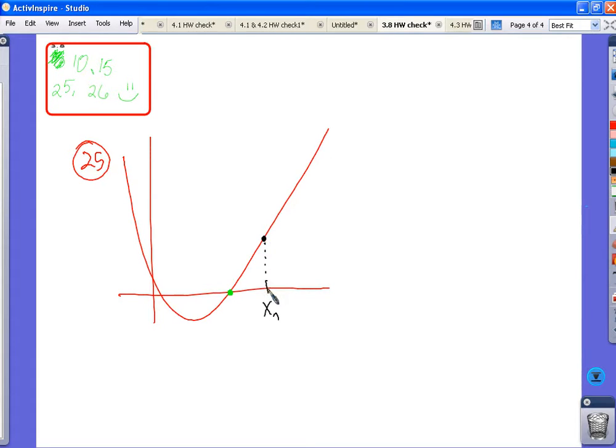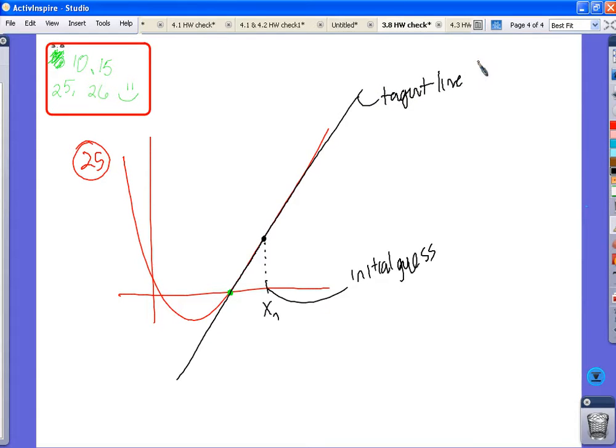So this is our initial guess, and this is the tangent line of f of x at x sub n. This right here is the x-intercept of f prime of x sub n.